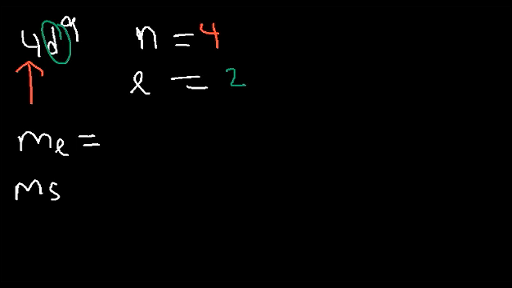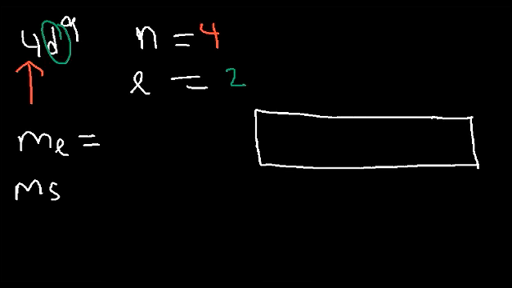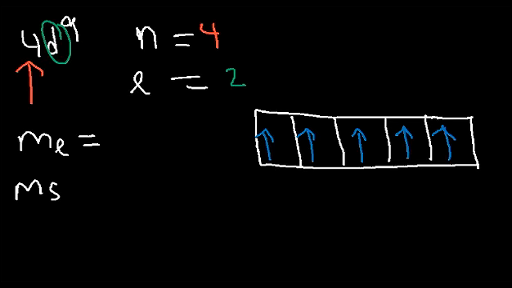At this point, you want to draw the orbital diagram for the 4d sublevel. D has 5 orbitals: 1, 2, 3, 4, 5. We need to get to 9. So this is going to be 1, 2, 3, 4, 5. We add them one at a time according to Hund's rule. And then 6, 7, 8, 9.